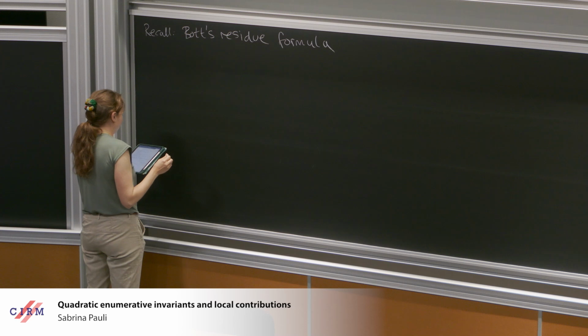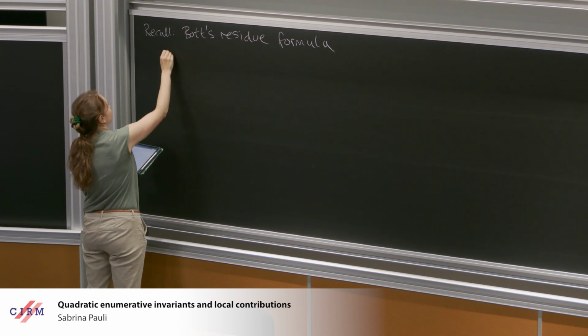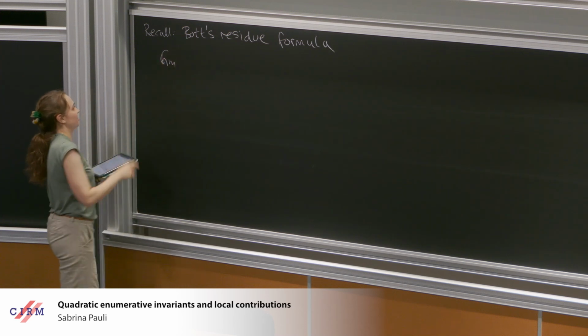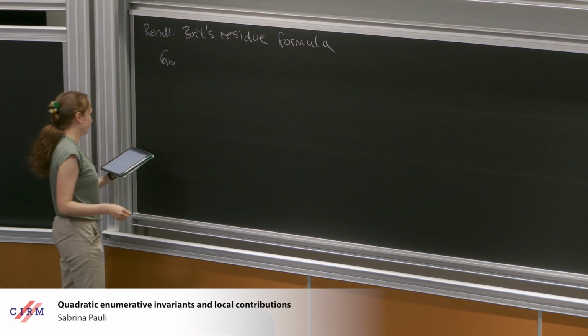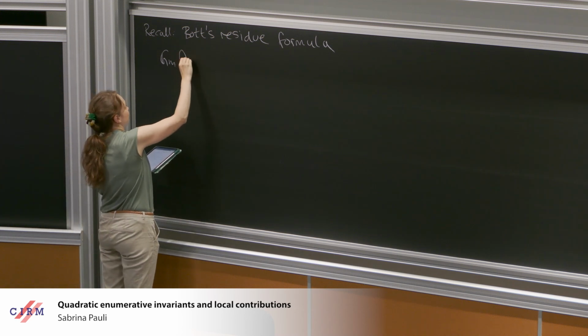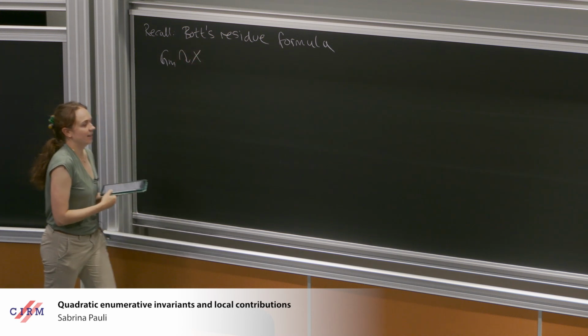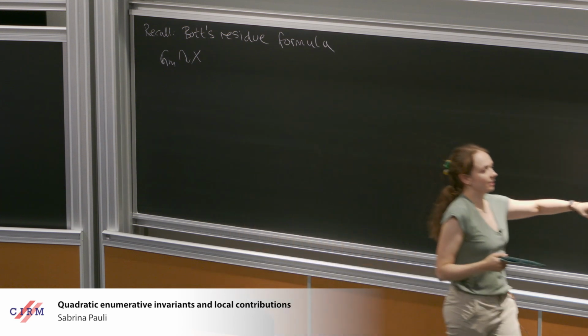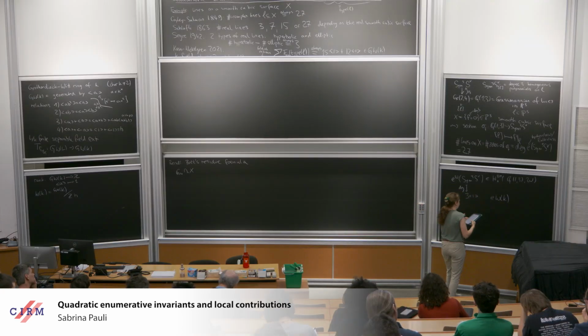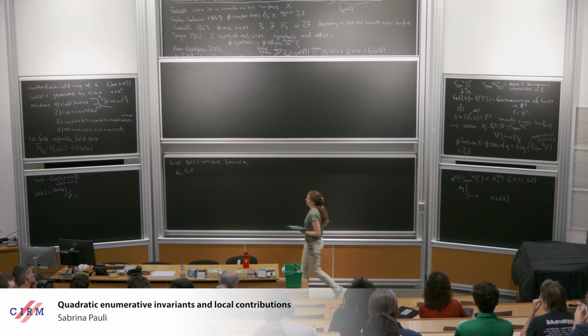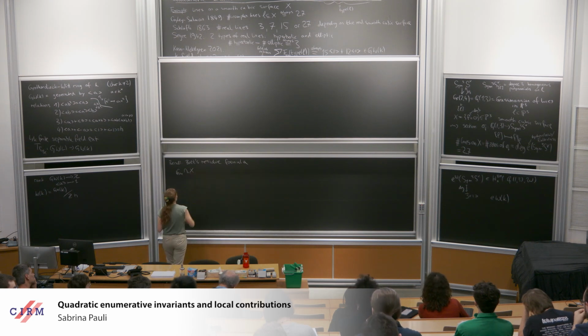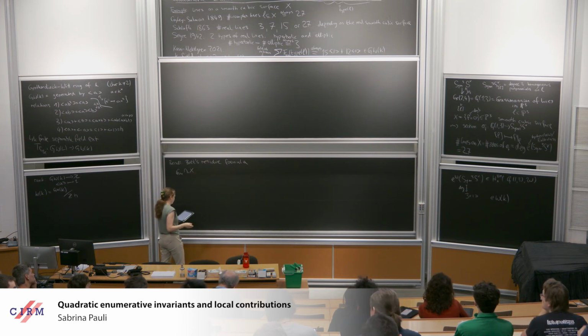So I will just do this with the torus. I just take G_m. You could also take G_m to the n, but let's just do G_m. Let's assume this acts on X. X will be the Grassmannian in a second. So in general, let this be a K-scheme.